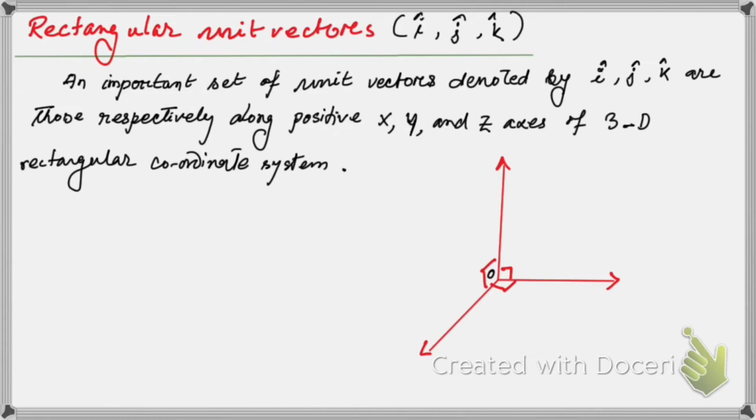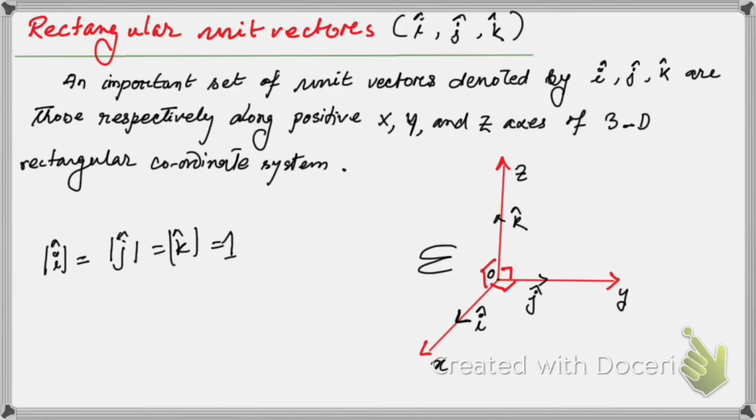This is the origin O, and these are x, y, z respectively. The direction along the x-axis is represented by the unit vector i cap. It is a unit vector because its magnitude is 1. Along the y-axis it is represented by j cap, and along the z-axis by k cap. Their magnitude is 1, and they respectively represent the x, y, and z directions. So that's why they are unit vectors.